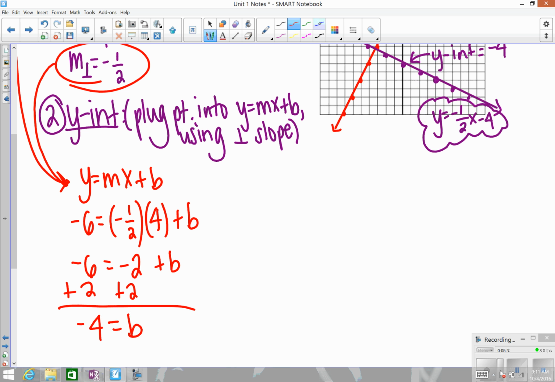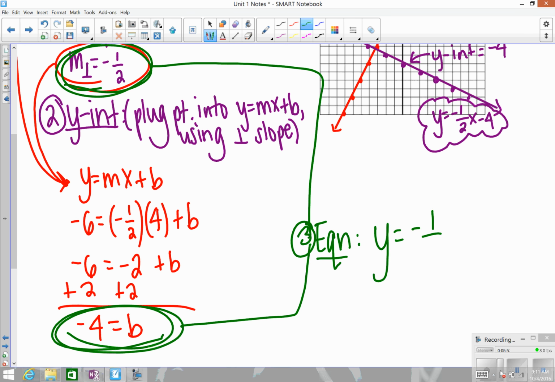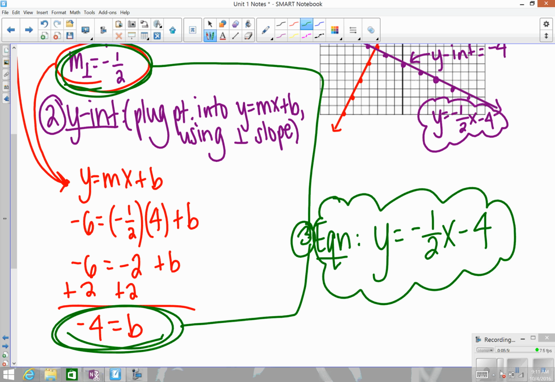Again, we get -4 as a y-intercept, just like what I got on the graph. Take your y-intercept, take your slope, and now you can write your equation. So this will be step 3. It'll be y equals -1/2 x minus 4. So again, same answer as on the graph, different way of doing it.